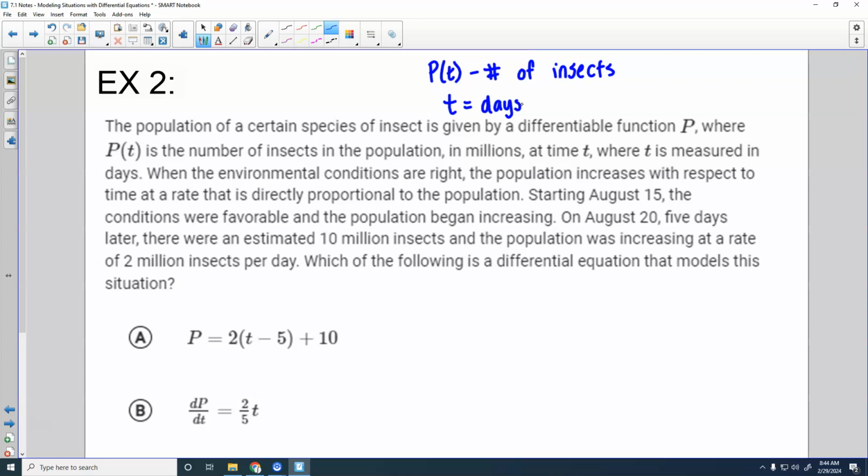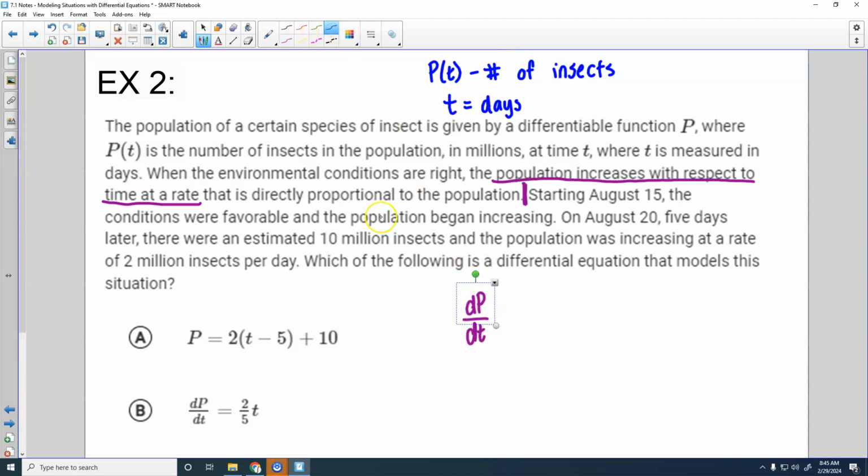So this one's going to give us more information. We don't have to solve more stuff, but let's stop right here and set up our basic setup for the problem. When environmental conditions are right, the population increases with respect to time at a rate. So what is that? Population increasing with respect to time at a rate. That is dP/dt.